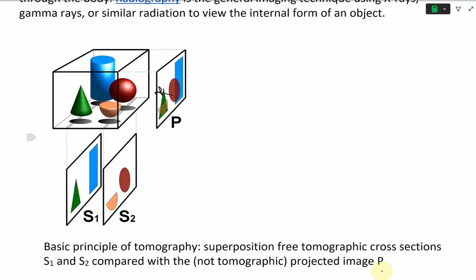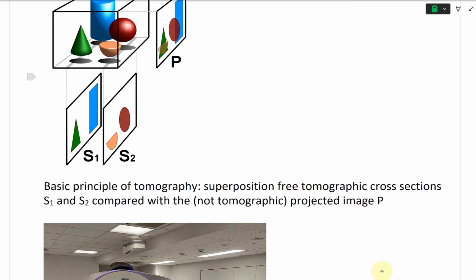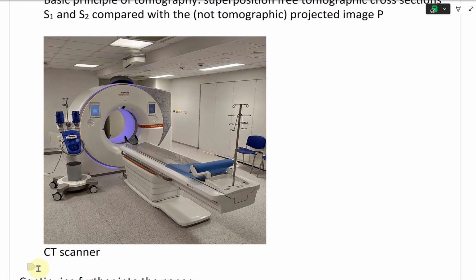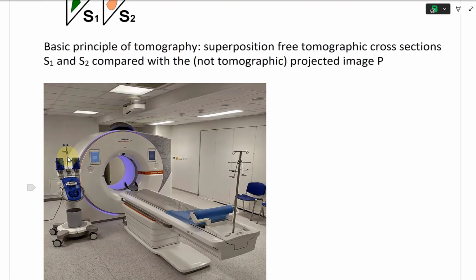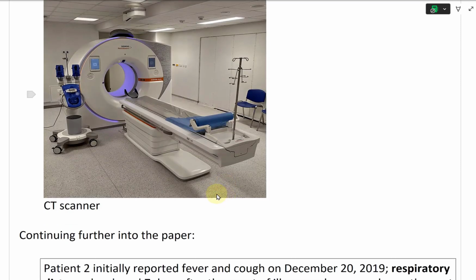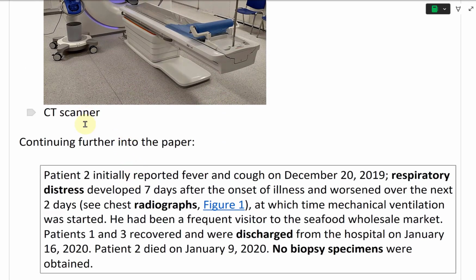Versus this one here, if you had a whole bunch of these, you can get a 3D image like this. And so on. But so you get a slice through that, and you'll see which items are seen in it and are seen on the same plane, and which are not. Very interesting stuff. And going further, here is a CT scanner. So you lie down in there and scan through this whole thing. Fascinating stuff there. Anyways, continuing further into the paper.